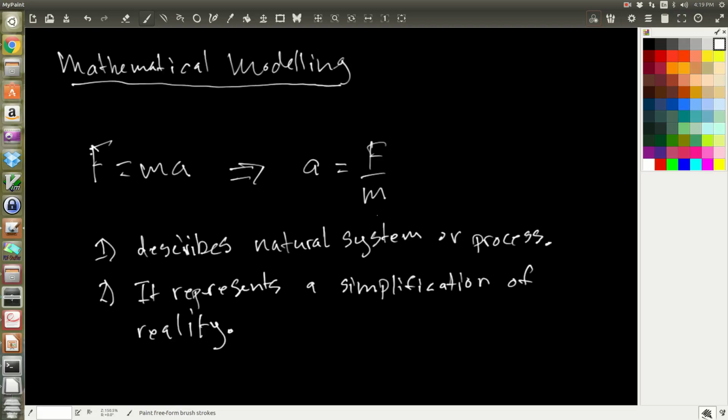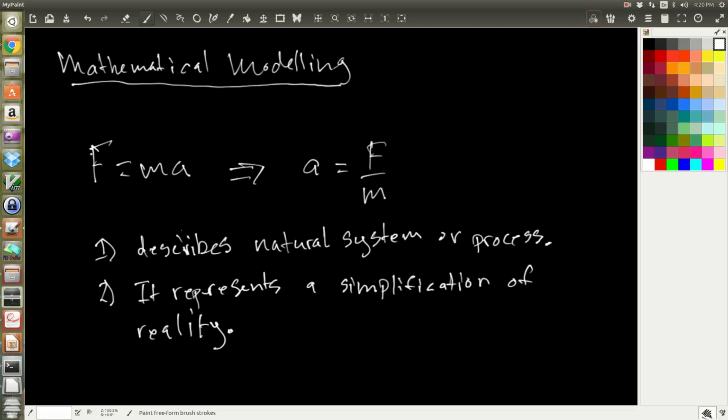Its predictions might give approximations, but they no longer are very accurate. So you need a different mathematical model to describe that, and that's what Einstein's theories are. They're another mathematical model that describes better the acceleration and the motion of very large systems and systems that are traveling very, very quickly, on the order of the speed of light.